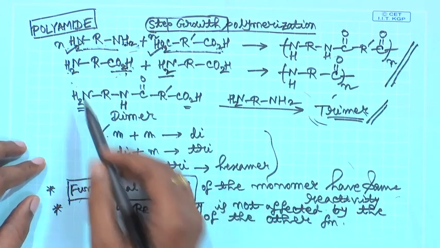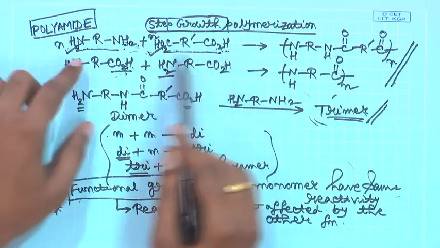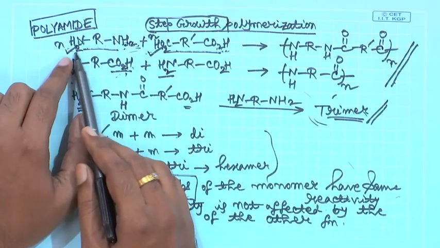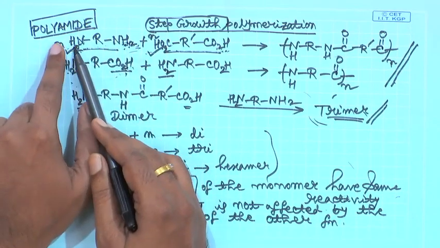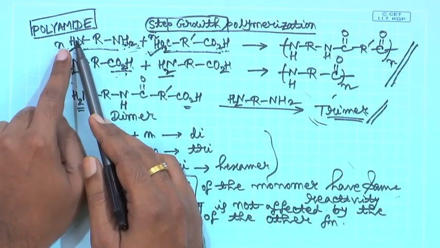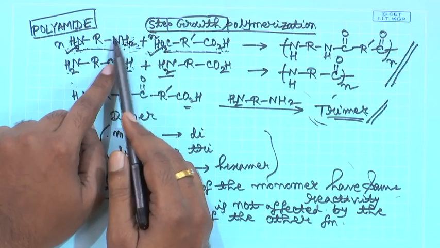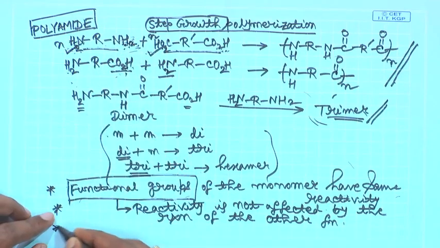What this means is that suppose you have a diamine and you are reacting with a dicarboxylic acid. So, first assumption says that both the amines have same reactivity. Second assumption says if one of the amines have reacted, the other amine will still have the same reactivity. So, the reactivity of the other amine will not be affected by the fact that this amine has already reacted. And the third thing is that this reactivity of the functional groups will not depend on the size of the molecule.